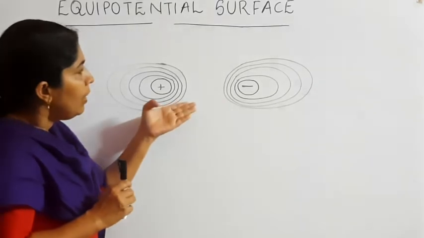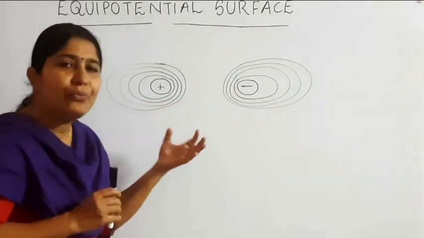This is the equipotential surface of a dipole.